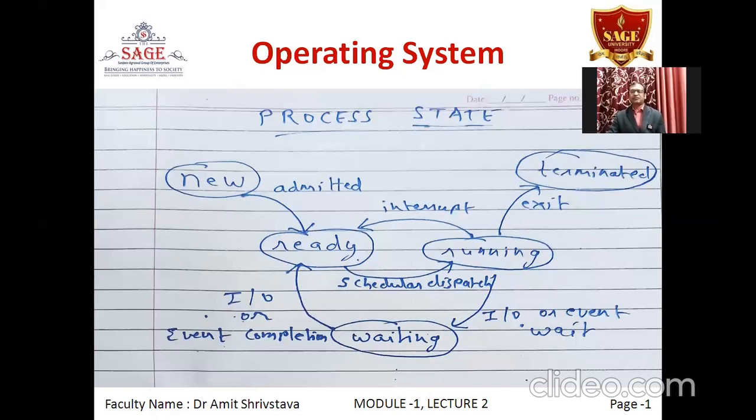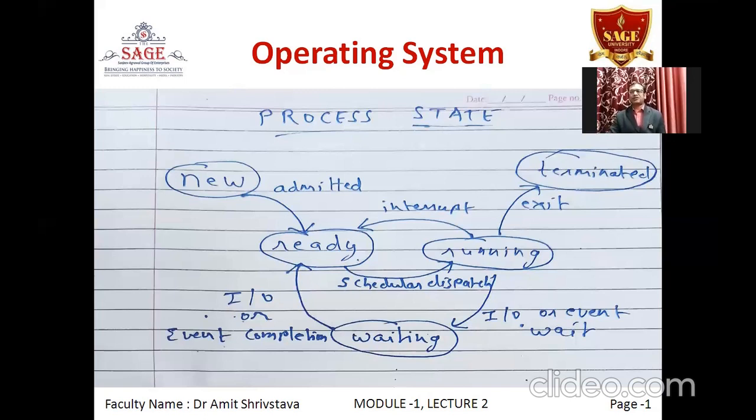It simply means that whenever any existing process is terminated or finishes its execution, it is taken out of the RAM. So that space now becomes empty. The empty space can be filled by another process, and then the long-term scheduler is invoked to bring a new process from the new state into the ready state.